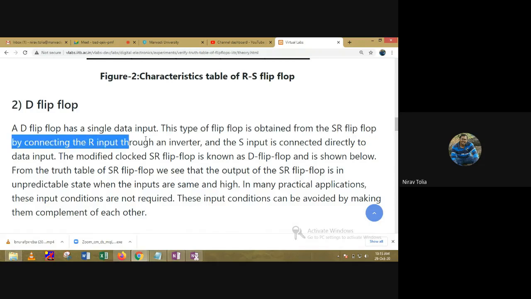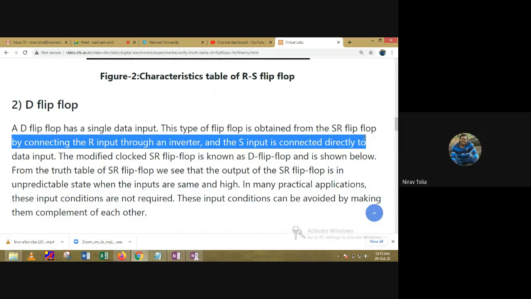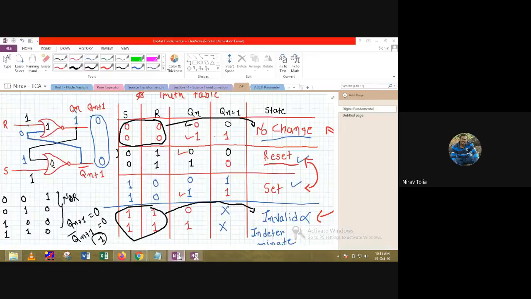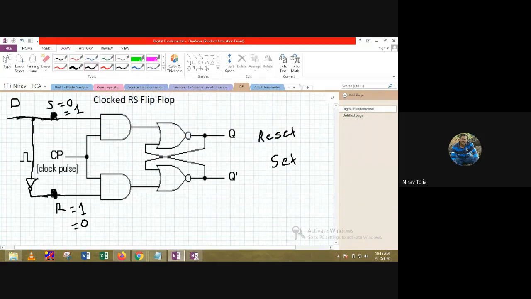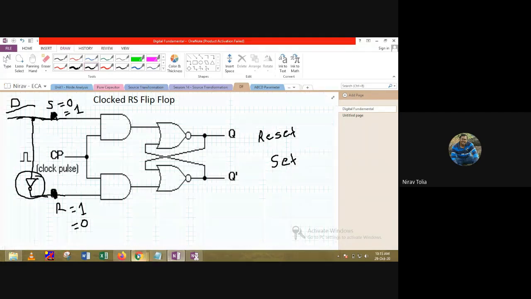By connecting the R input through an inverter, and S is directly connected to the data input.